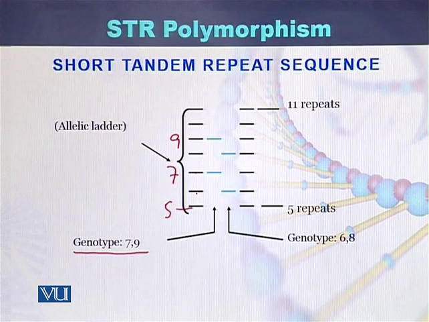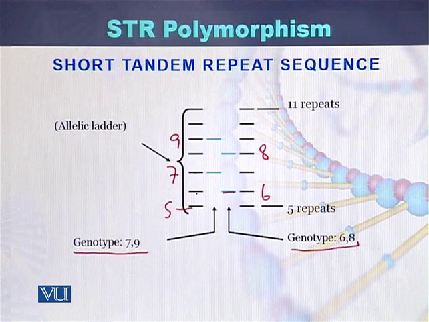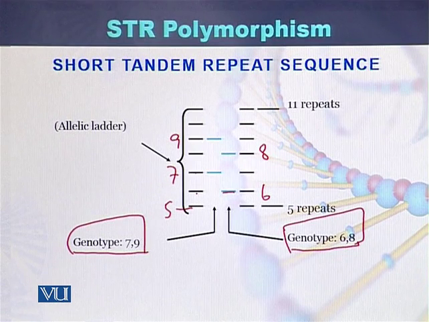In the case of the second locus, one band is approximately at 6, so it will be 6, and this one will be 8. So the genotype will be 6 and 8. In this case, for allele 1 the genotype will be 7 and 9, while for allele 2 the genotype will be 6 and 8.